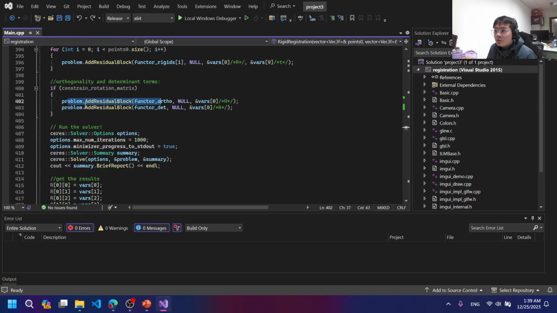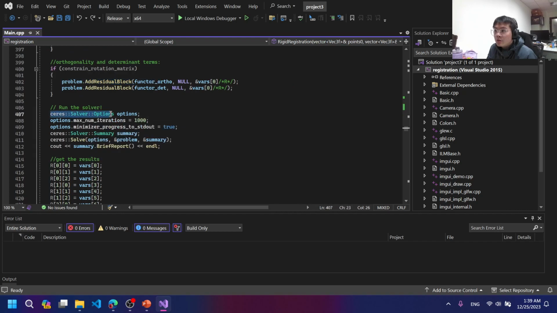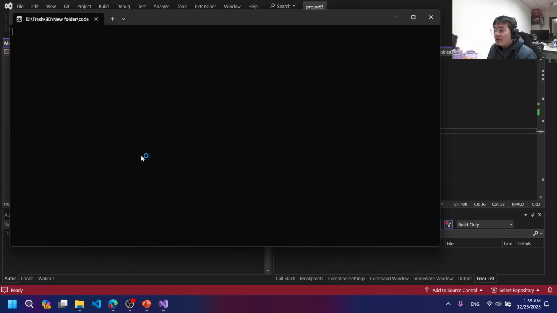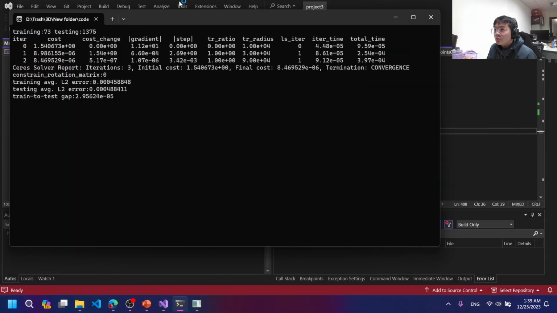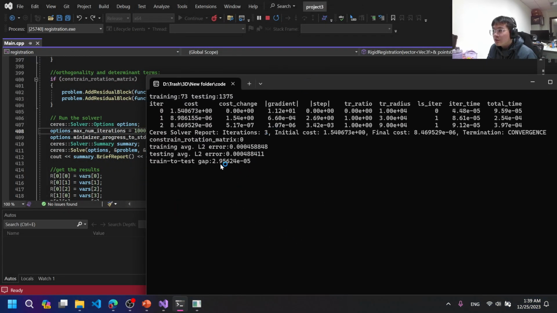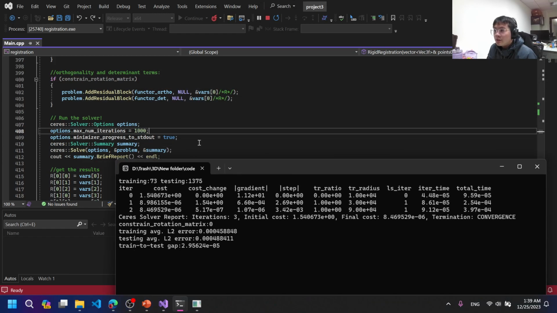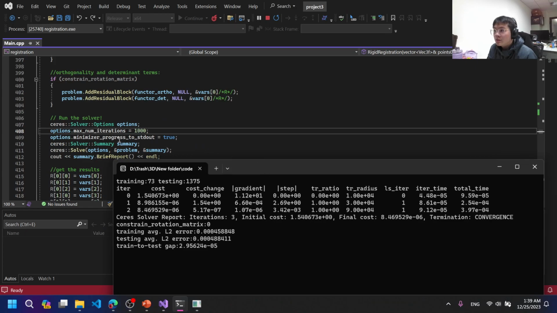Okay, that's it for this part, and then we run the solver and we have some options. So first one is iterations. So let me run it again. Let's take a look at this. This current method has 3 iterations. And then there's an option to print progress to std out.